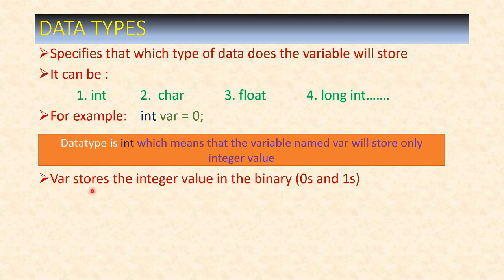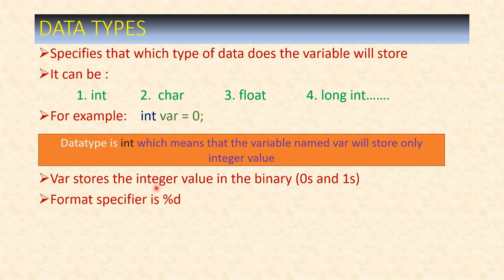So var stores the integer value in binary, only zeros and ones. The variable will only store the integer value, which will be a combination of zeros and ones. Suppose I change this value from 0 to 2, then the compiler will convert the number 2 into binary language, a combination of zeros and ones, and then it will allocate the memory in the RAM according to that.